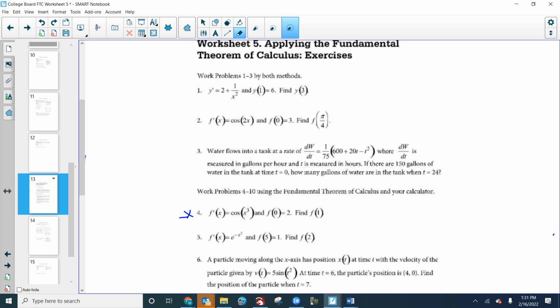Look at number 9. They use u primes instead of du dx's, okay? What's the derivative of ln of u? How we learned it: 1 over u times du dx. They put the du dx in the numerator, and they call it u prime.